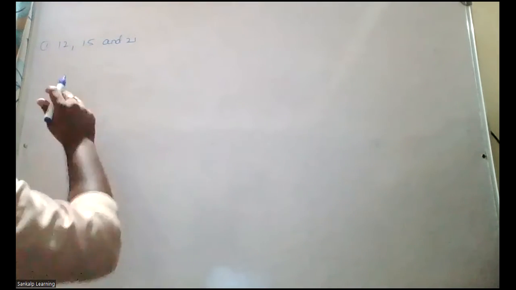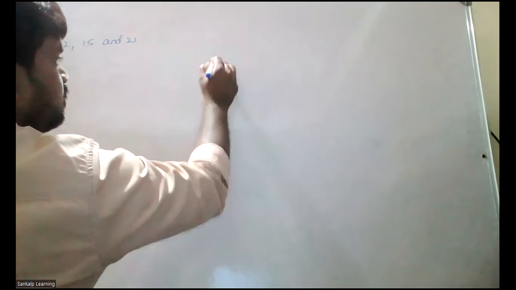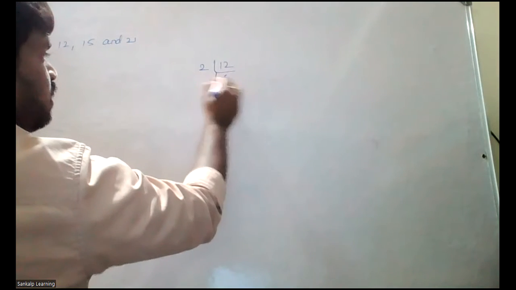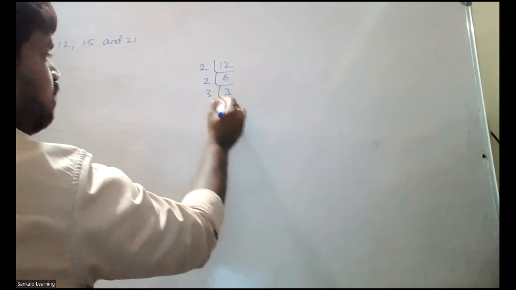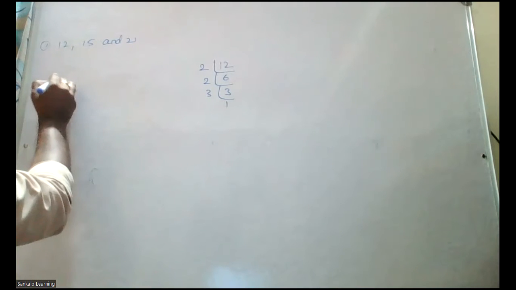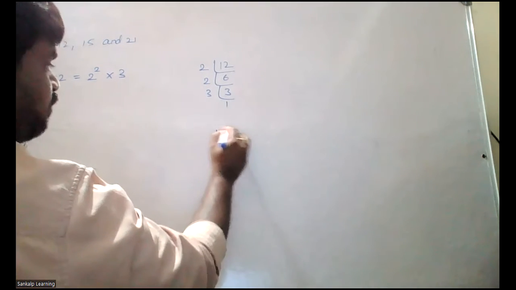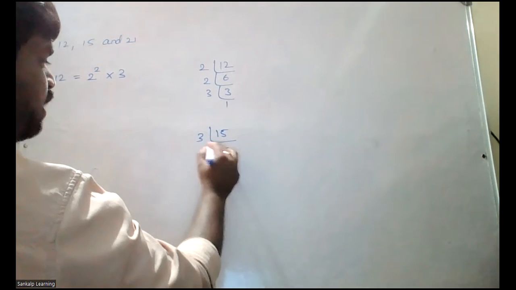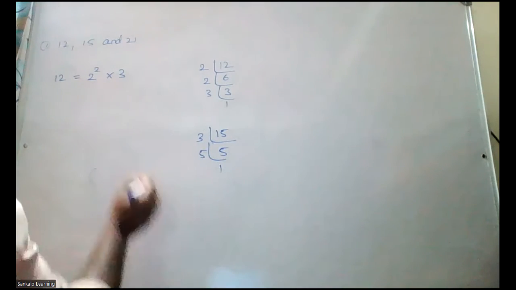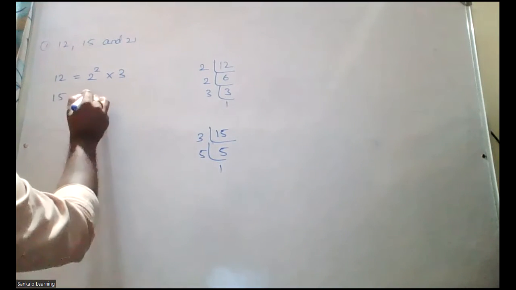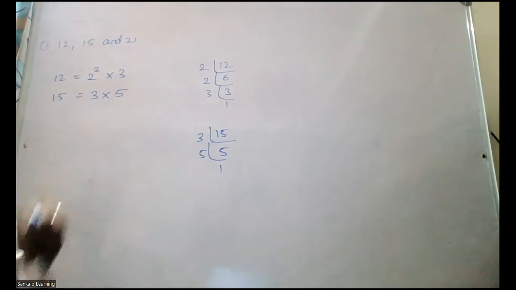As usual, let's prime factorize them first. 2 sixes are 12, 2 threes are 6, 3 ones are 3. Therefore, 12 can be written as 2 square into 3, isn't it? Similarly, 15 can be written as 3 fives are 15, 5 ones are 5. Therefore, 15 can be written as 3 into 5.